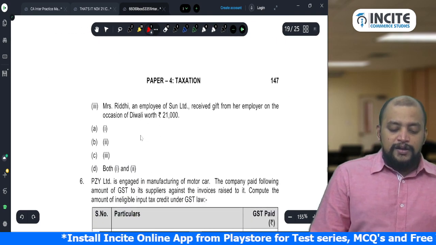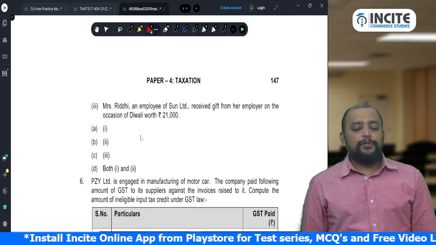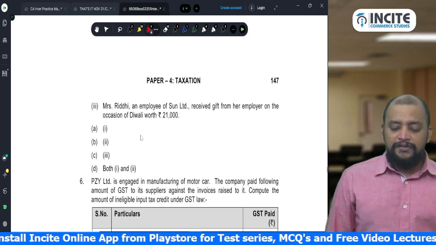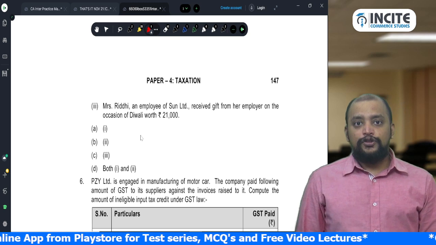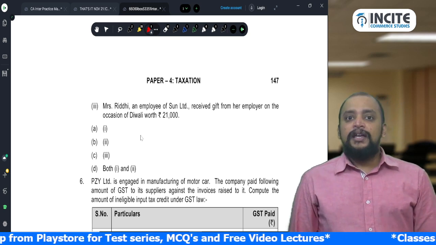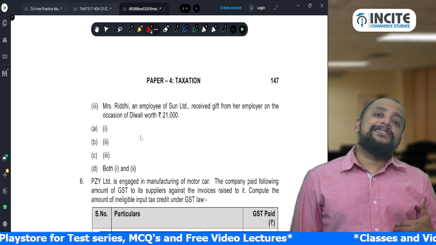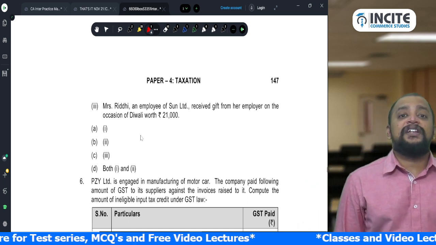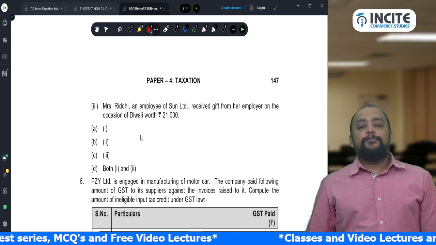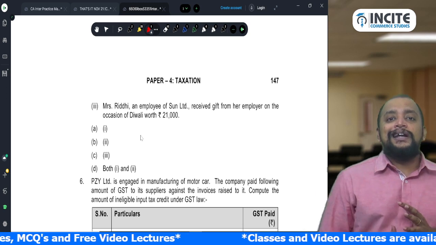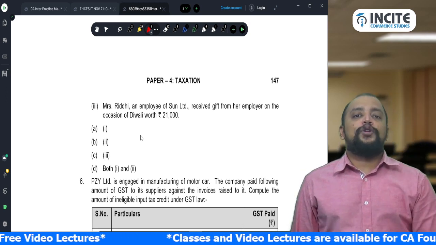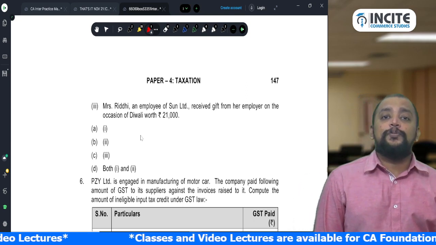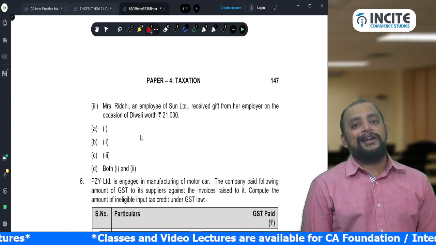And then Mrs. Riddhi, an employee of Sun Limited, received gift from her employer on the occasion of Diwali worth rupees 21,000. See, when the gift will be considered as supply under 7.1C, only when the value of the gift, even though employer and employee are treated as related person, but gift by an employer to employee exceeding 50,000 rupees in a financial year is only treated as supply.